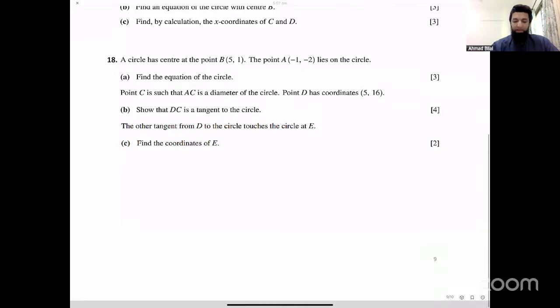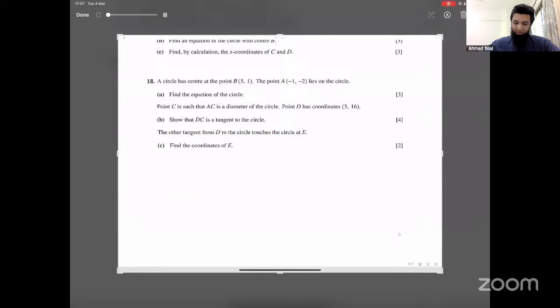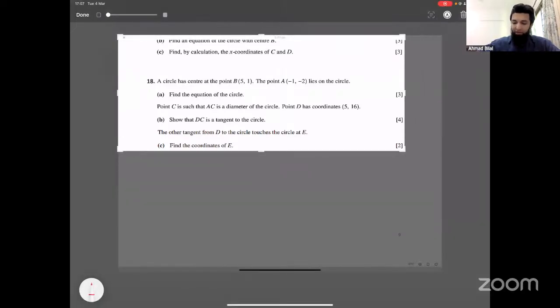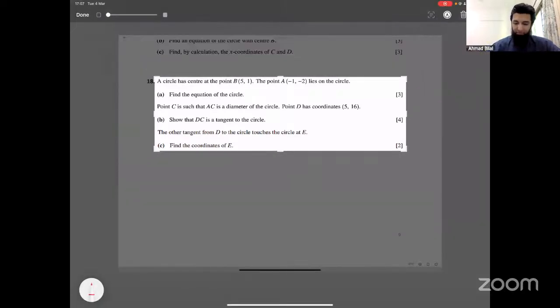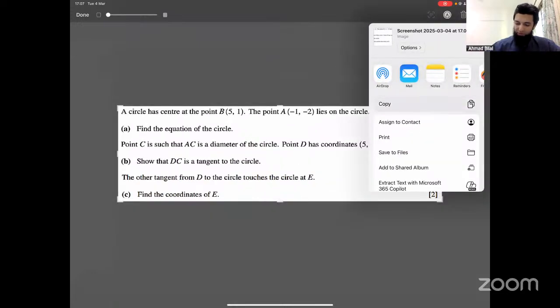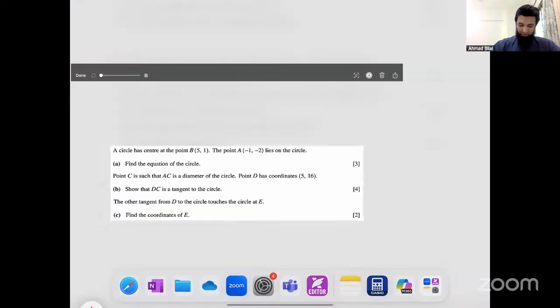This is question number 18, and then after this, we do question 19. Okay, let's do this one first. Question number 18, and then we do 19 next after this. Question number 18 from the worksheet.